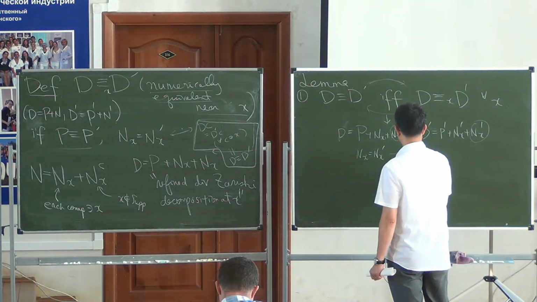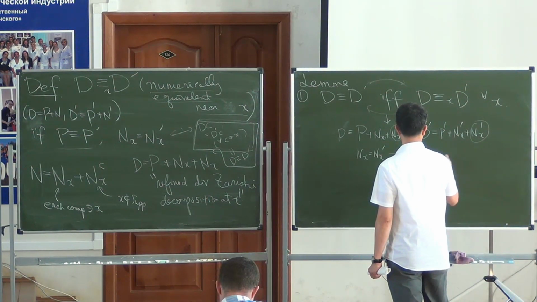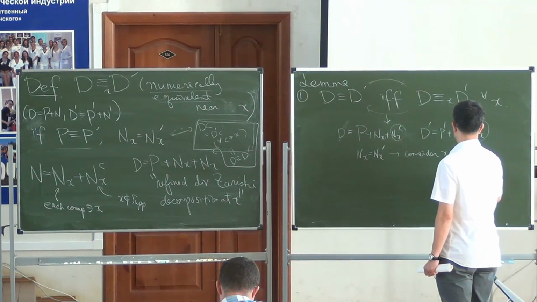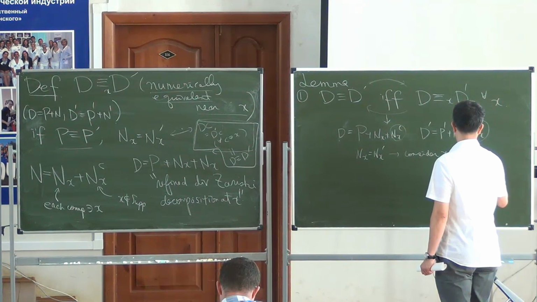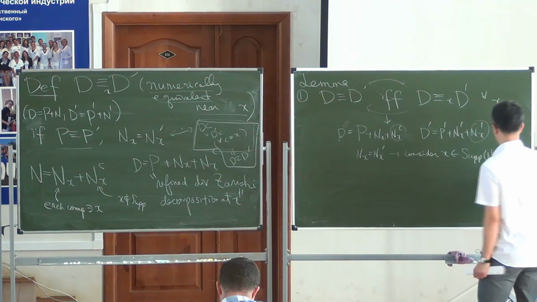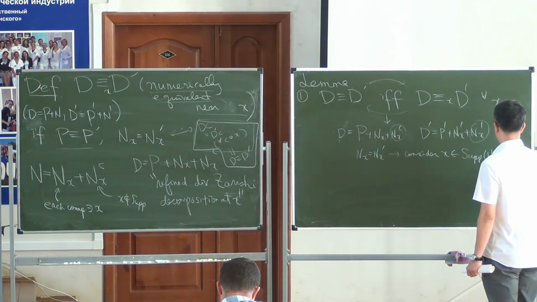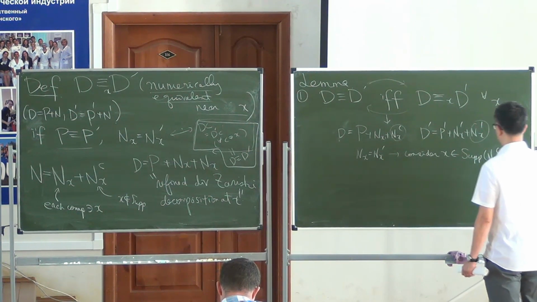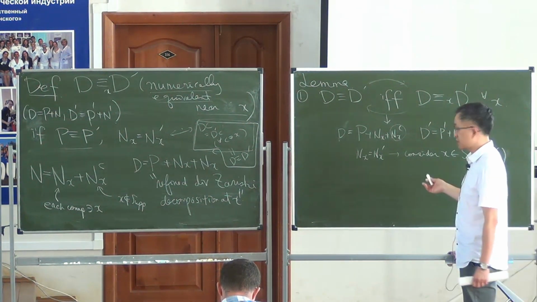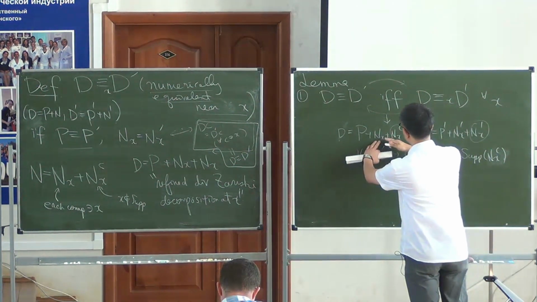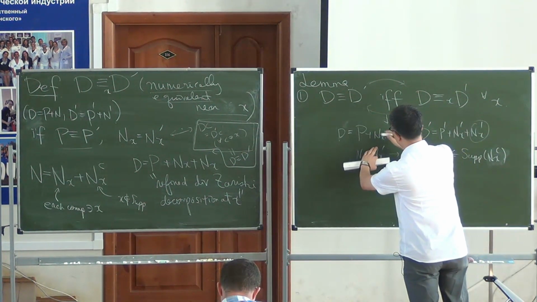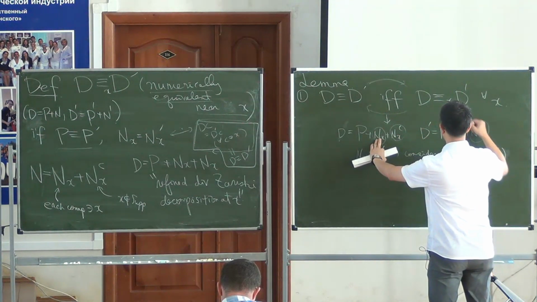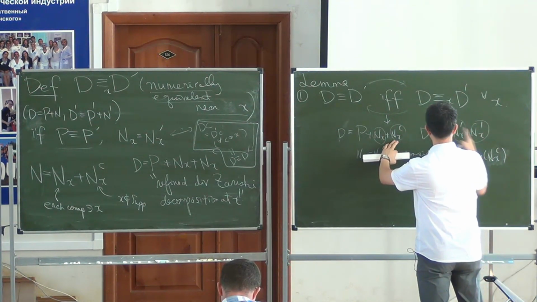But consider N minus N_x, so just N_x complement. But it's almost obvious. If you want to fix a point x, you know that N_x and N_x' are the same, but you want this and this to be the same.